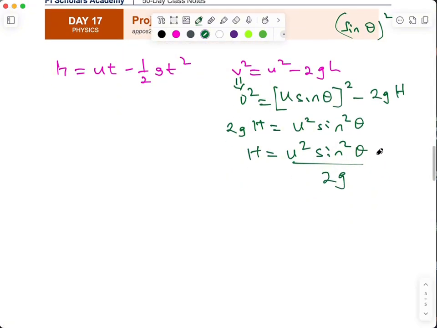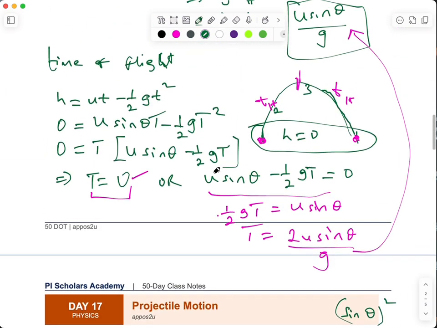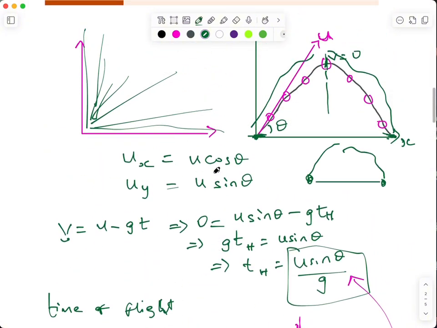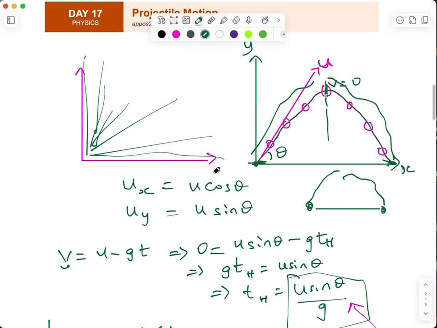The next one is what we call the horizontal range, R. Now, this one is actually in the horizontal direction. So permit me to pause a little bit and do a little analysis. A body in projectile motion at its launch has two components of motion: the vertical and the horizontal.